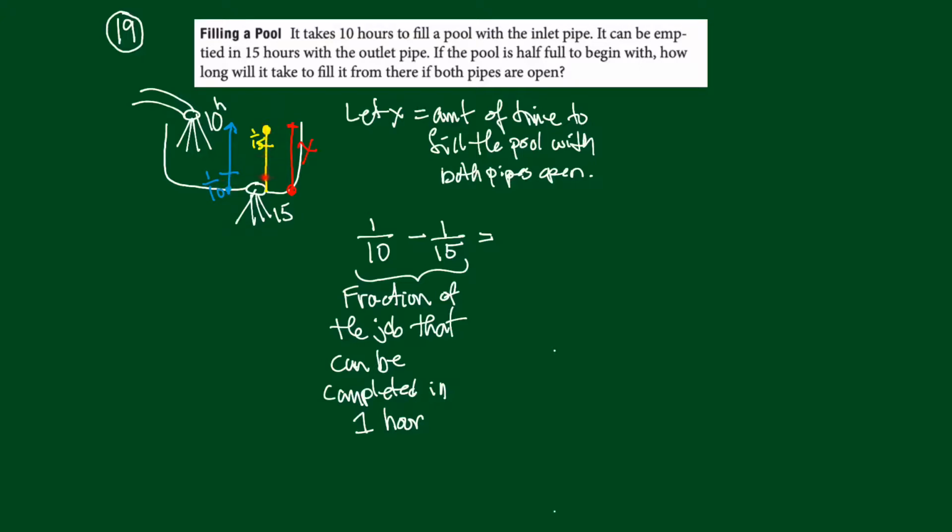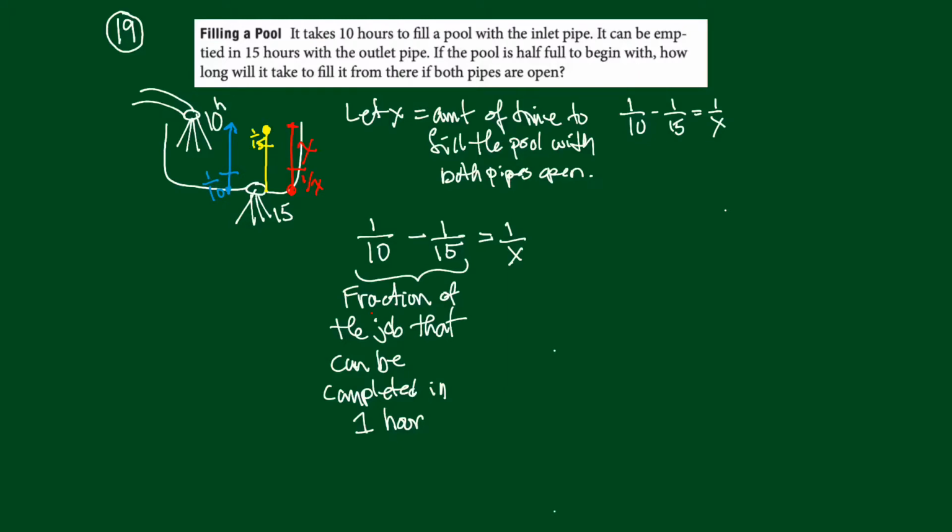It takes 15 hours to drain the whole pool, so in 1 hour it can complete 1/15 of the job. Now everything together takes x hours to complete the whole job, so in 1 hour, it can complete 1/x of the job. So we are going to say that this is equal to 1 over x. So here's our equation. I'll write it up here again. It's 1/10 minus 1/15 equals 1 over x.